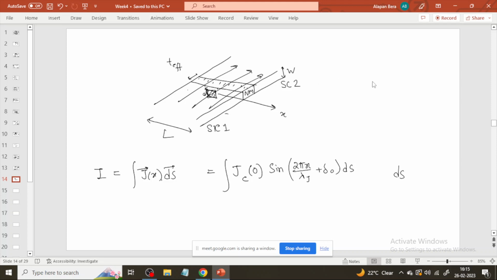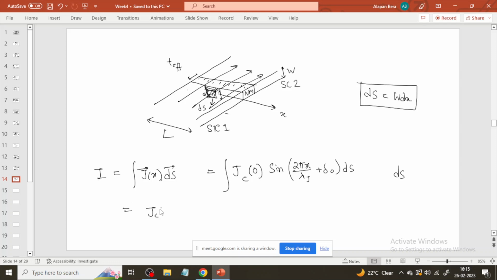If we consider the small area element ds to be this, then because this is w and this is dx, ds is given by w dx. So the small area element is given by this, and let's put that there.